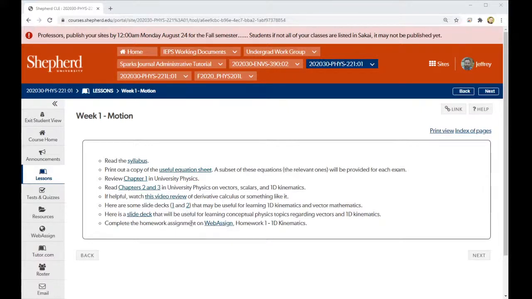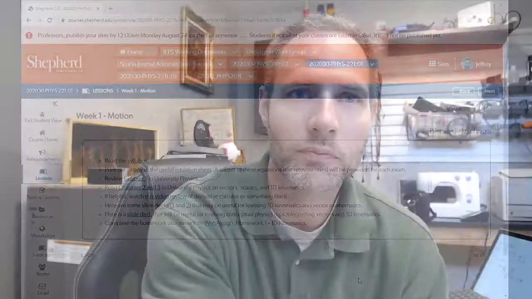These may or may not be useful for you. Some people really like to look at PowerPoint slides. They're figures and equations taken from the textbook, so sort of the textbook summarized in a visual way.